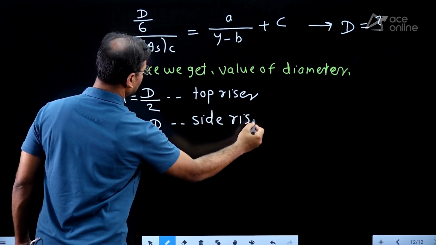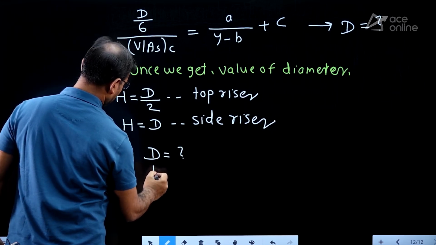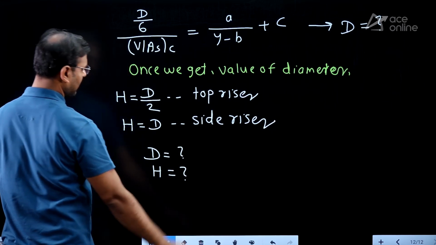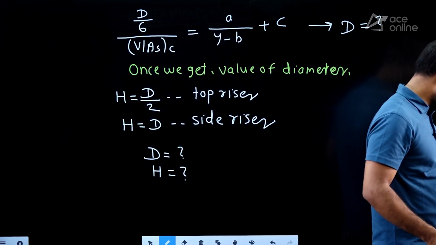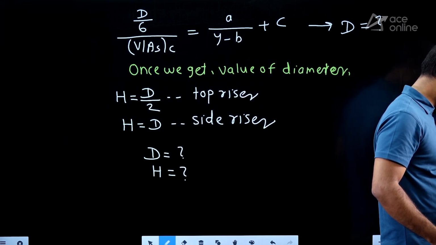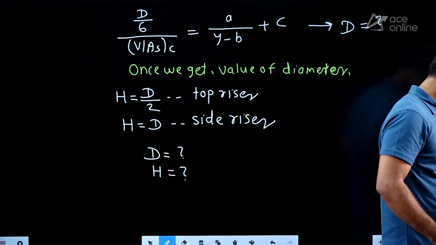In that way we can get the value of both the diameter and height, and this method is known as Keynes method. Okay, guys, very interesting, very simple method. The Keynes method here we completed.